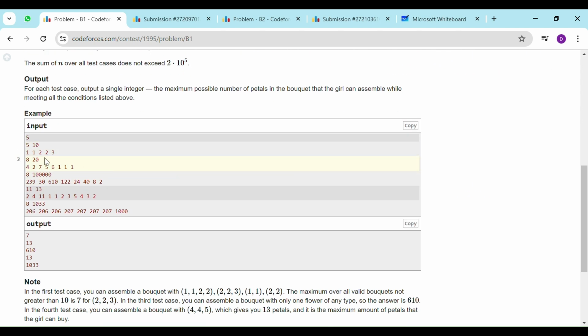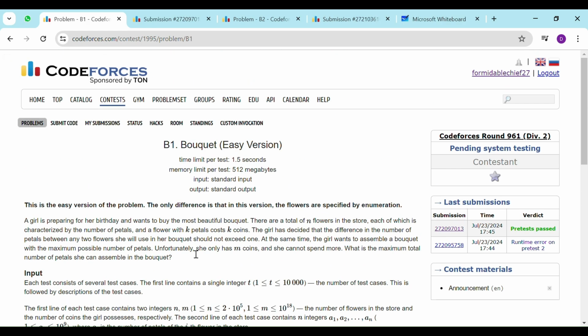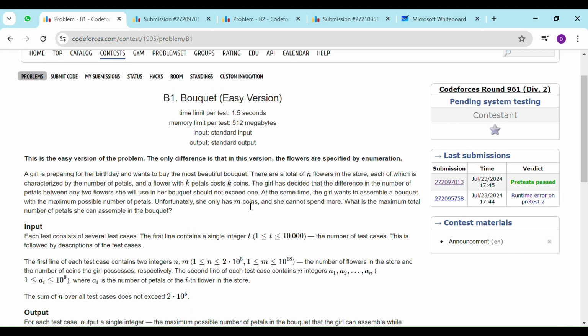In this array you might see that 2 2 3 is the most optimal answer. There is one important condition in this question: the difference in number of petals between any two flowers should not exceed 1.